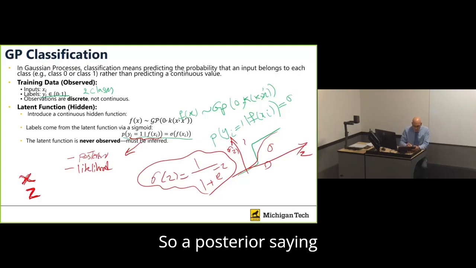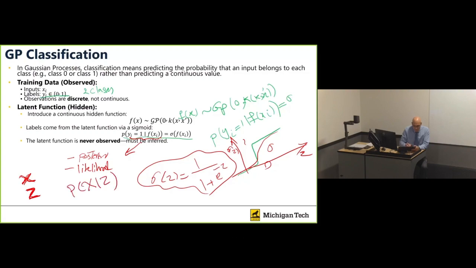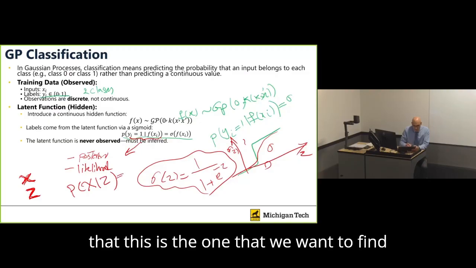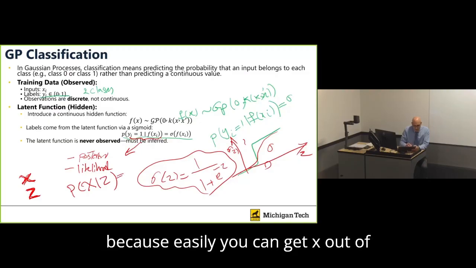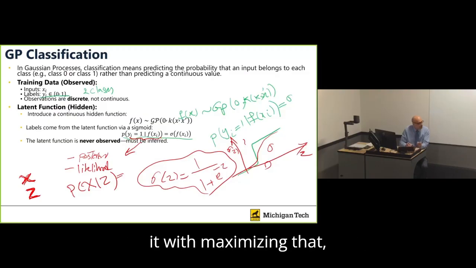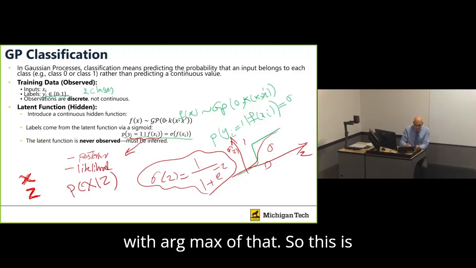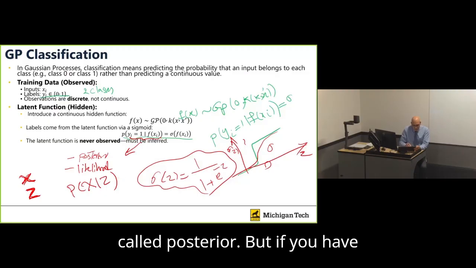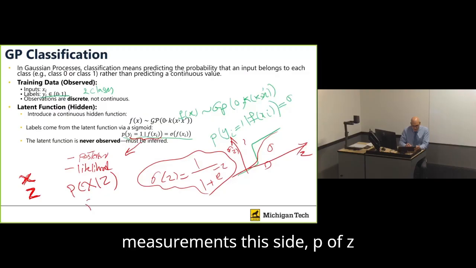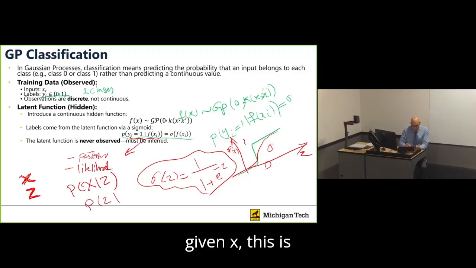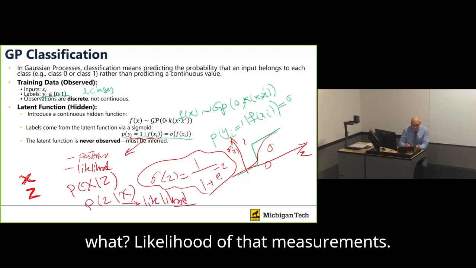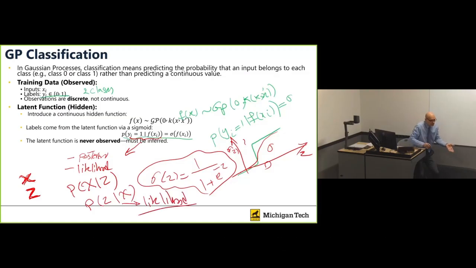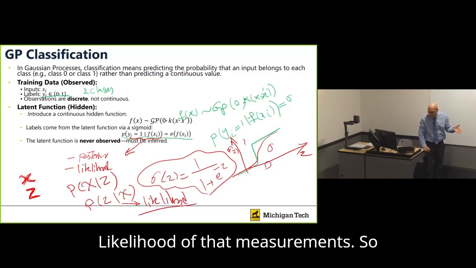A posterior is the probability of X given Z. This is the one that we want to find, because easily you can get X out of it by maximizing that, with argmax. So this is called posterior. But if you have the measurements on this side, P of Z given X, this is likelihood, the likelihood of those measurements.